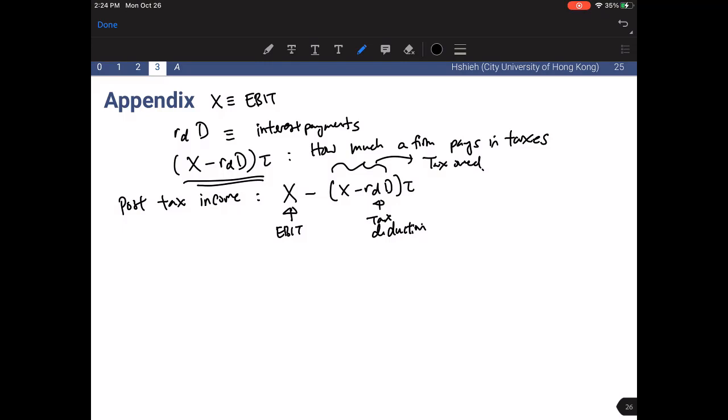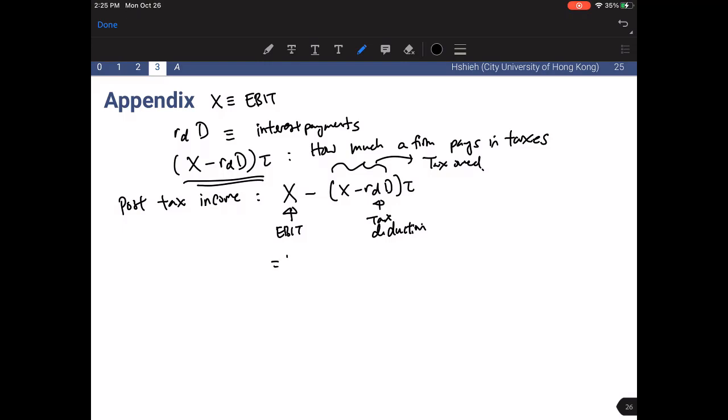Let's assume that our period goes to infinity, as we typically assume that the firm is infinitely lived. So let's work out the algebra so that we get an expression that looks familiar to us. Taking X minus RD times D times tau, we can multiply tau through.